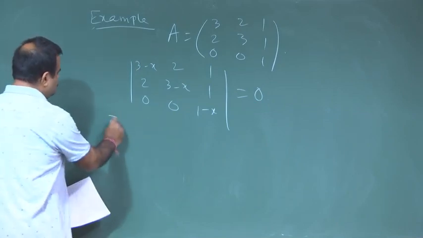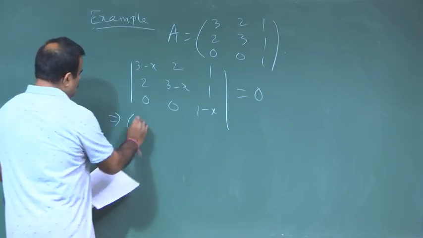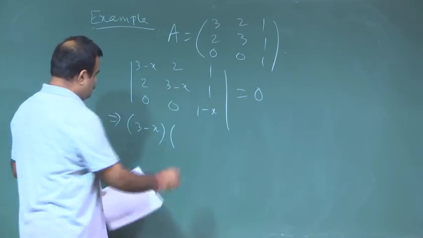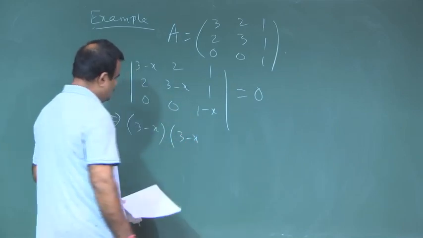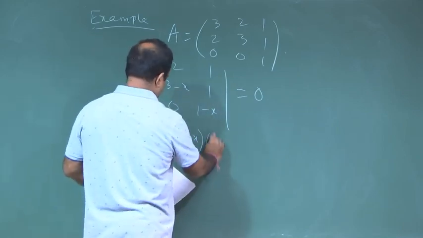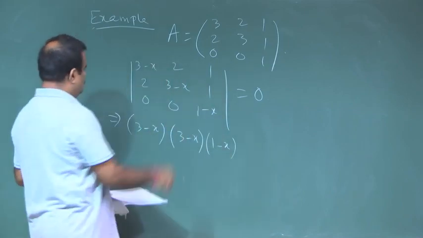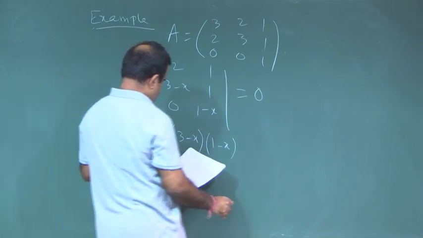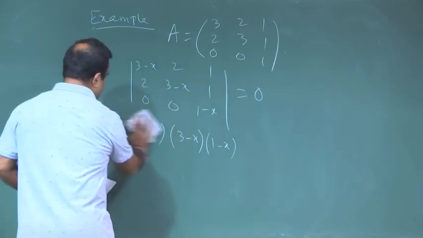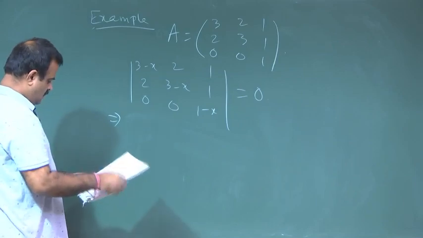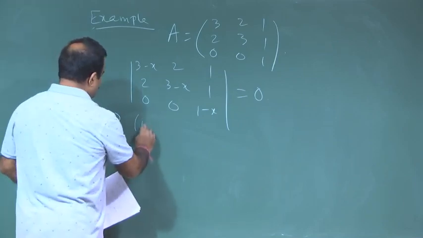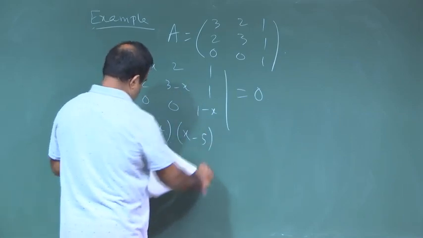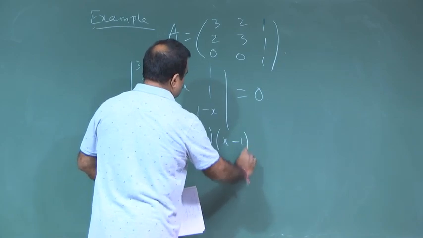Now, if you simplify this, we will get 3 minus x times 1 minus x, this is 0, then minus 2 of this. Anyway, you can do this calculation. I have the calculator, but you can work it out on your own. Eventually we get 1 minus x into this, which will be there in the notes, x minus 1 equal to 0.